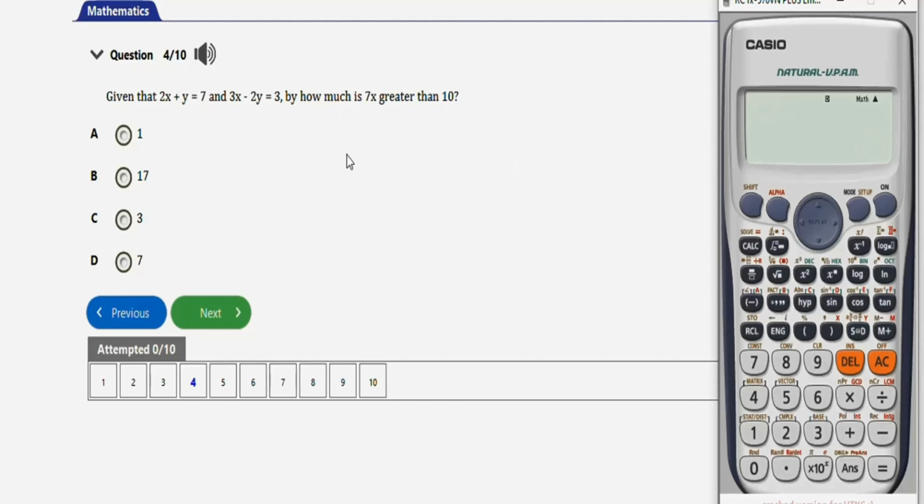So that means 16.8 being approximately 17, to check how much 7x is greater than 10, all you need to do is to subtract 10 from 17, which will give you 7. So 7x is greater than 10 by a difference of 7. The right option for this question is option D. So that's it for this question.